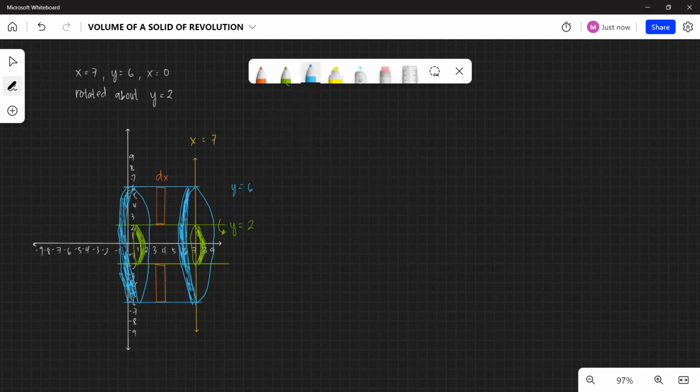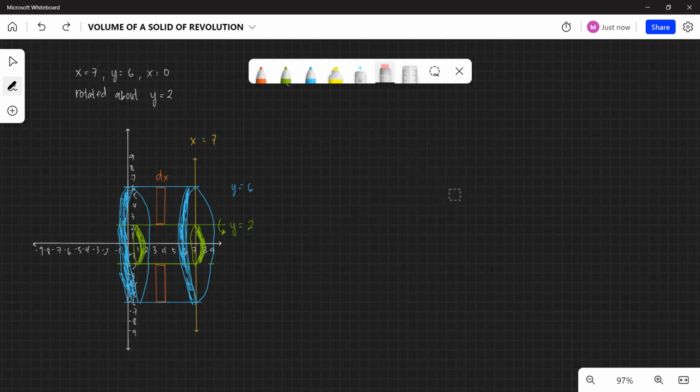You can imagine what the figure looks like. Let's try to erase these portions of the line from the axis of rotation. Then put it back to emphasize. So it's a cylinder with a hole in the middle.